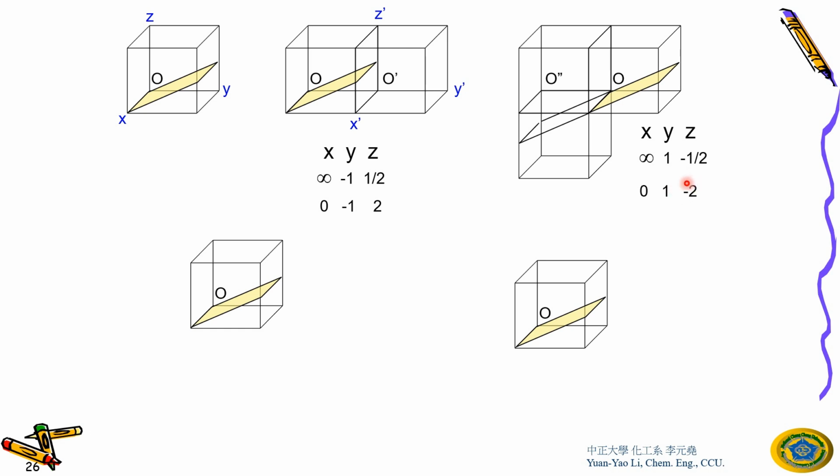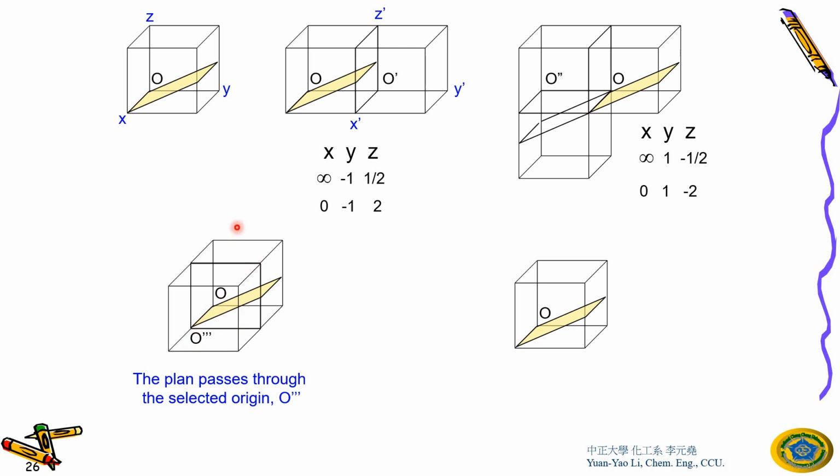Let's try another one. If I move the origin from the right-hand side to the left-hand side, can you move it to the front? Yes, Professor, I don't like it, I want to move the origin to the front. That will be O triple prime. Unfortunately, this plane also passes the origin, so it doesn't work. You say, well, Professor, I want to move this origin backward.